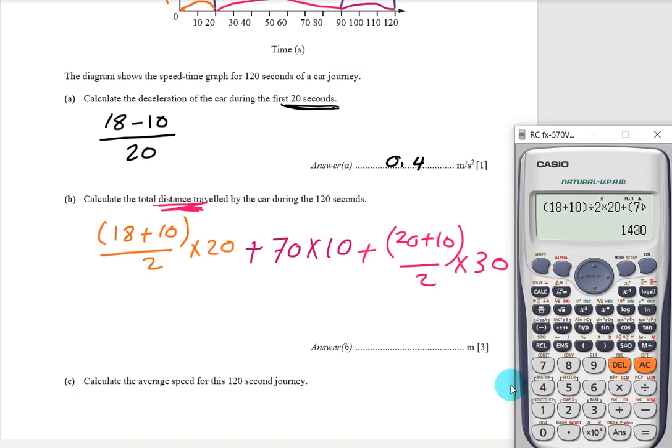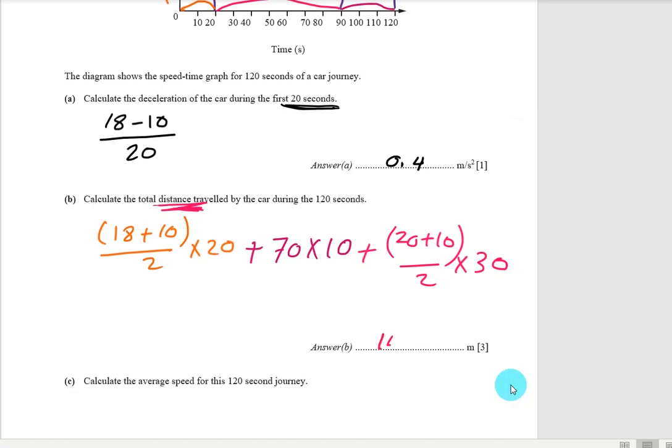The total area is 1430. This is your total distance traveled by the car.